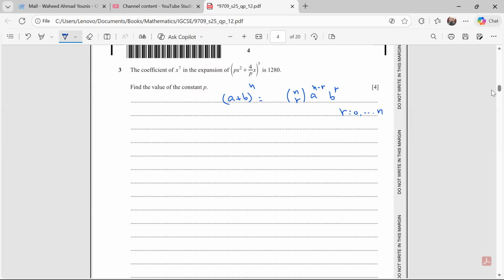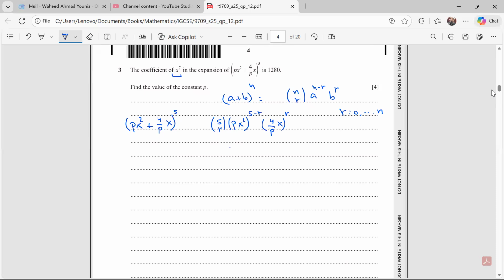Okay, so now I have (px squared plus 4 over px) power 5. So its rth term will be 5 combination r, px squared power 5 minus r, and 4 over px power r. Okay, since I'm looking for the term with x power 7, let's ignore the first few terms.